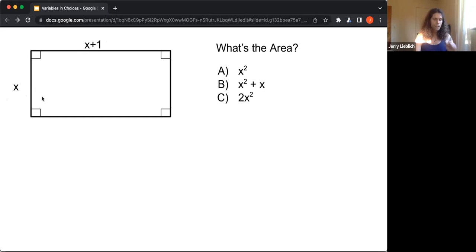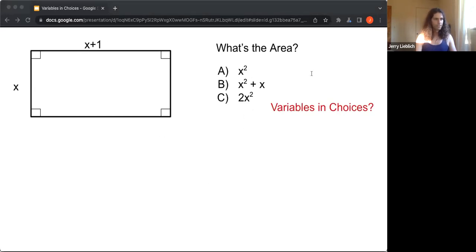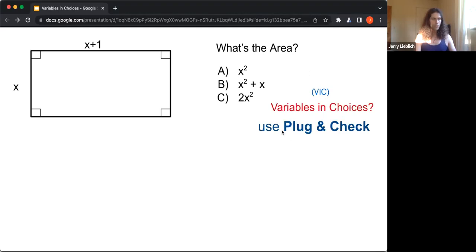But let's use this to learn about this technique, because what we might notice about the setup of the problem is that there are variables in the choices, or VIC, we might say. And when I see variables in the choices, I'm going to use this technique we'll call plug and check.